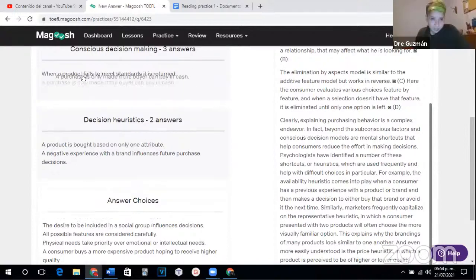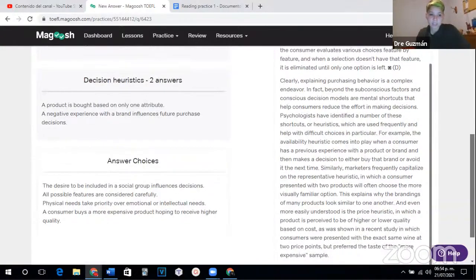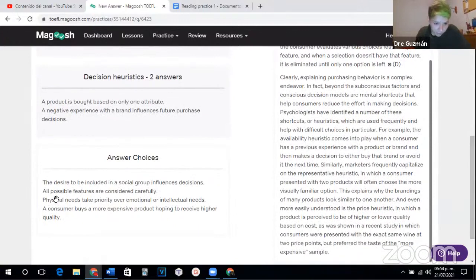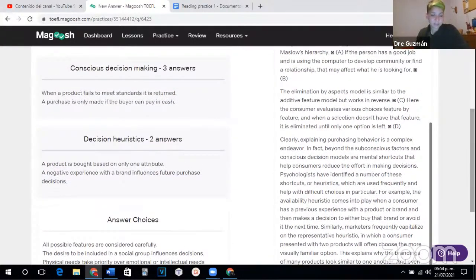All right, so let's put it here. Yeah, I agree. I think it's this one. The next one, all possible features are considered carefully. Carolina, which one do you think this goes in? I think conscious too. Yeah, I also think so. Conscious decision making.